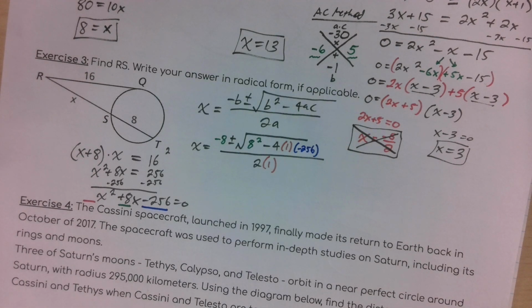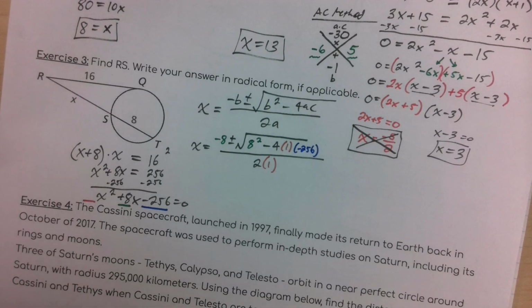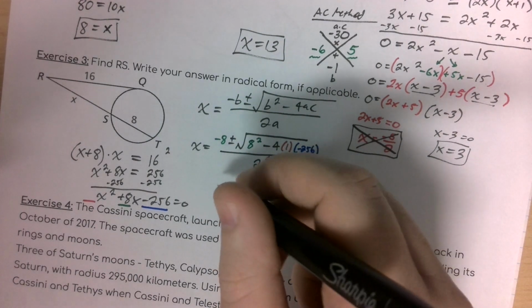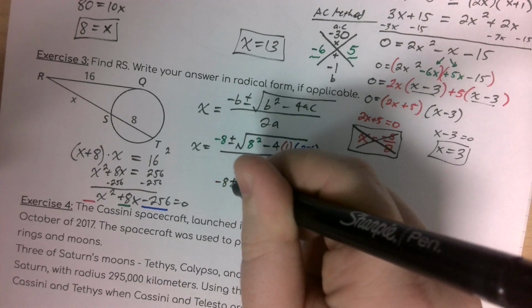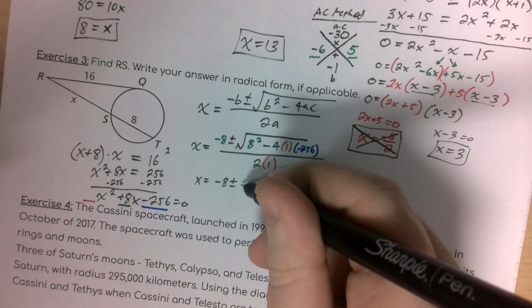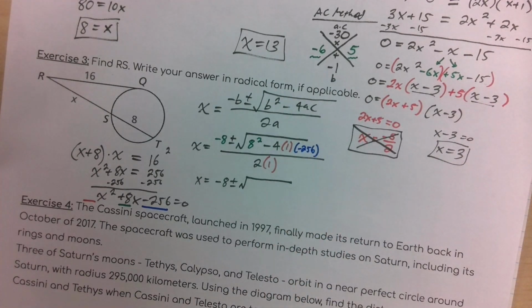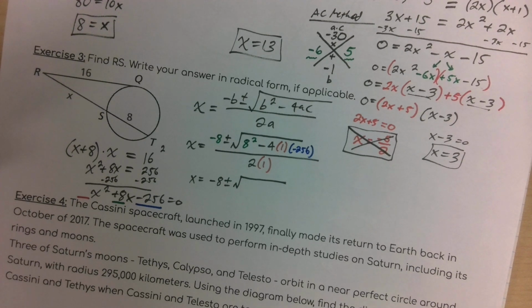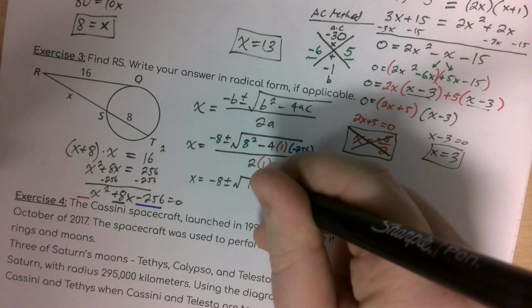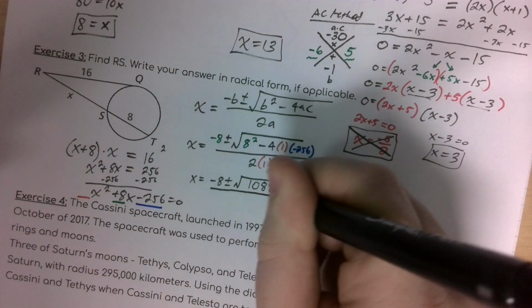Now, if you really wanted to, you could simplify this step by step. It's going to be a bit of a long one, just an FYI. But I do want to at least show you what we will end up getting. What we'll end up getting is negative 8 plus or minus the square root of, whoops, sorry, I typed in my calculator wrong, 1088 divided by 2.